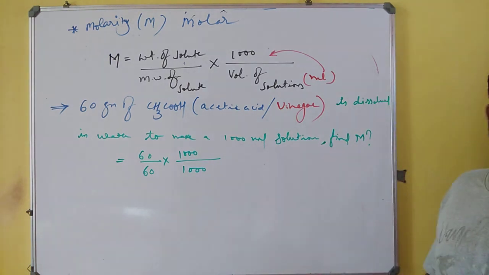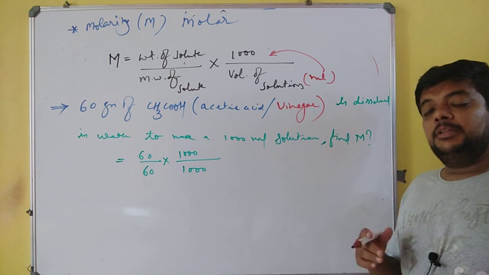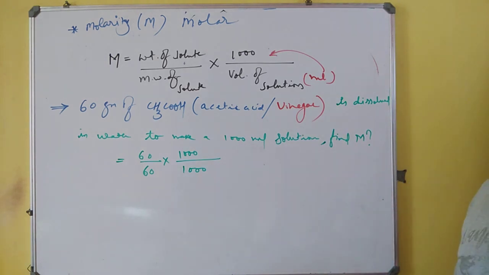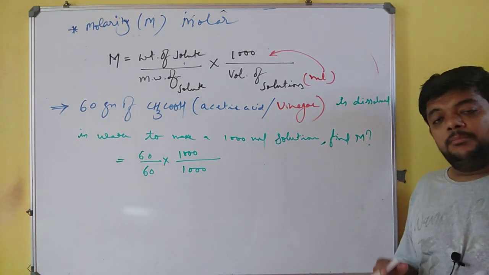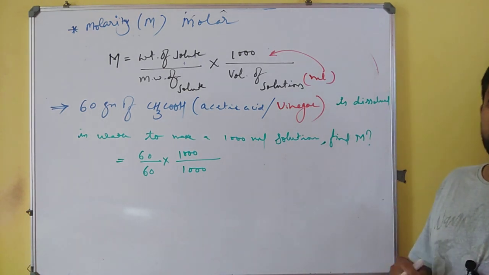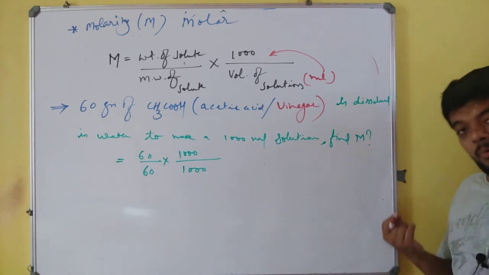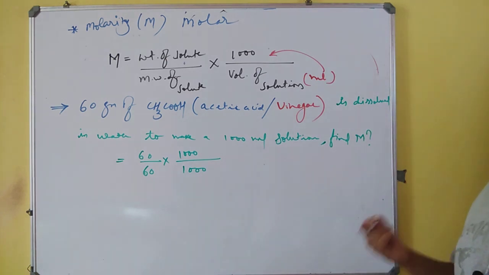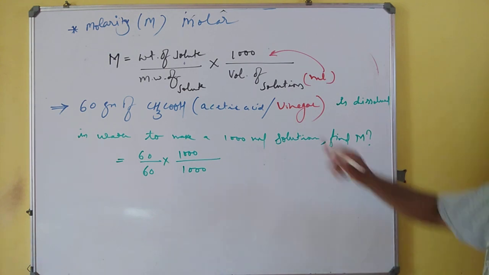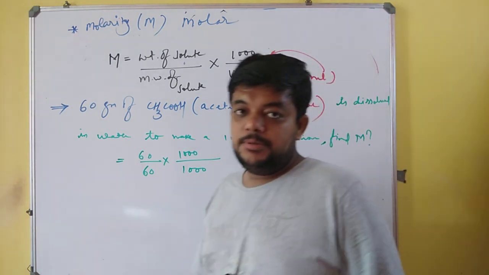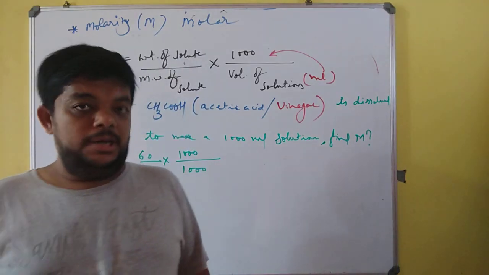Similarly, in molarity, if I am taking the volume in ml, I would need to write 1000. But if in molality I take the weight of solvent in kilogram, and in molarity I take the volume of solution in liter, this 1000 in both equations must be replaced by 1.